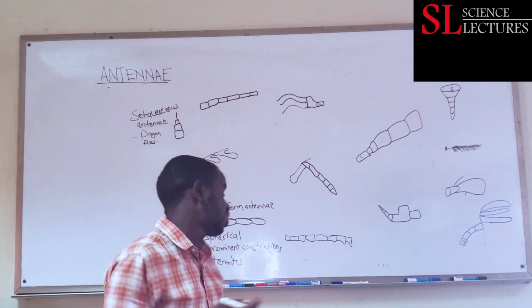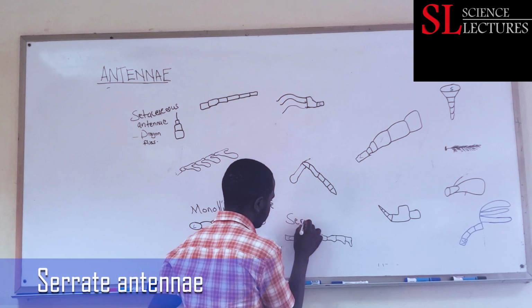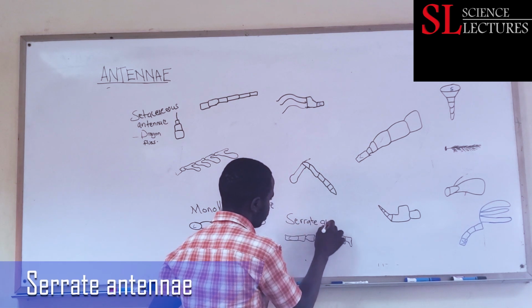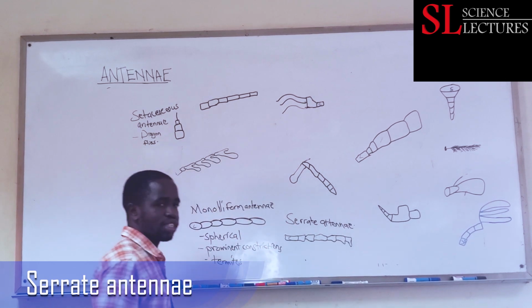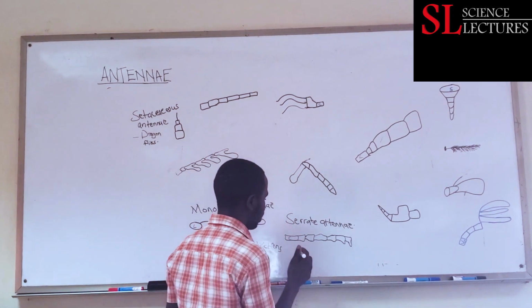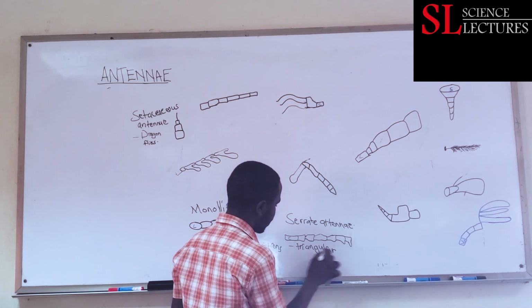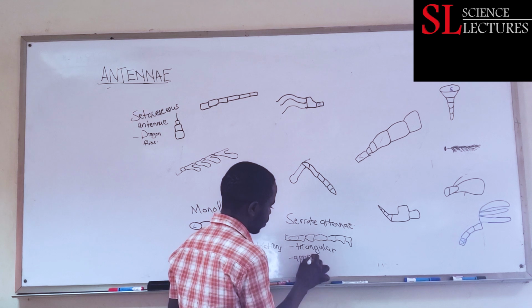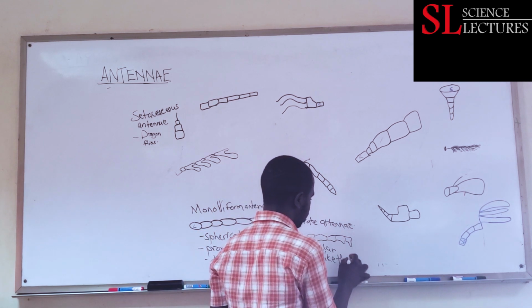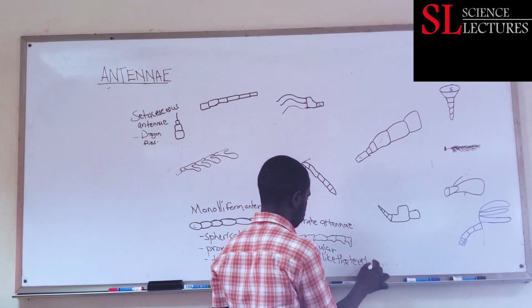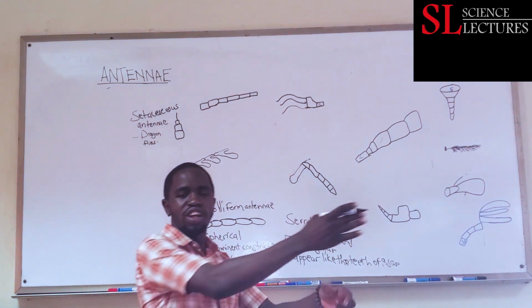Next, I want us to look at serrate antennae. Serrate antennae are a type of antennae where the segments are triangular, and they appear like the teeth of a saw, the one they use for cutting wood.